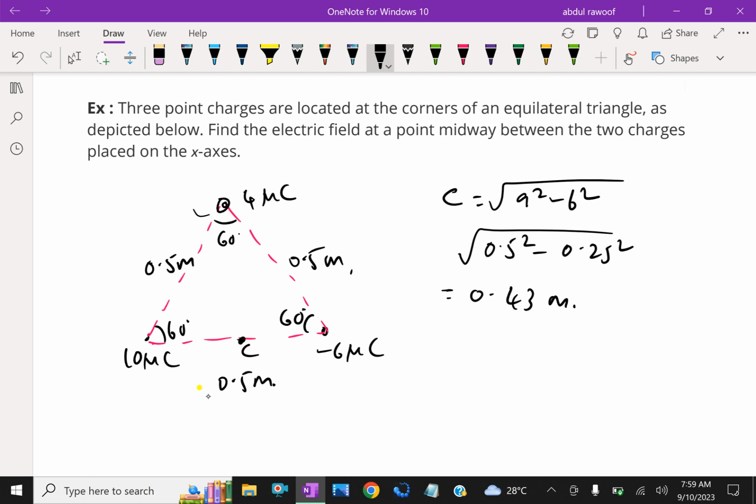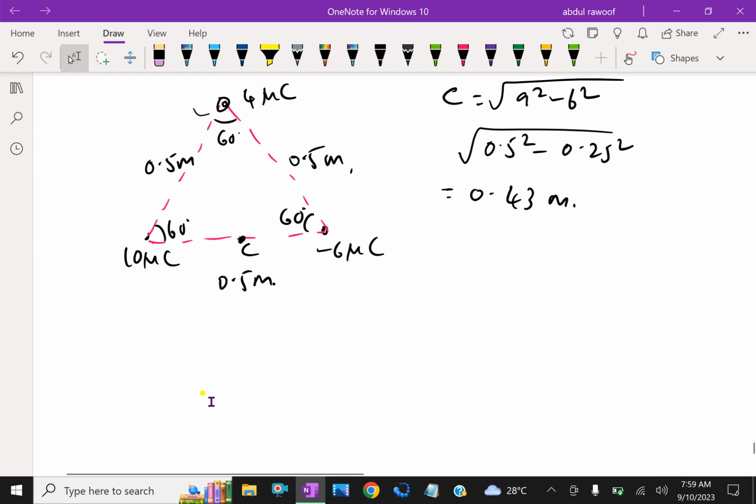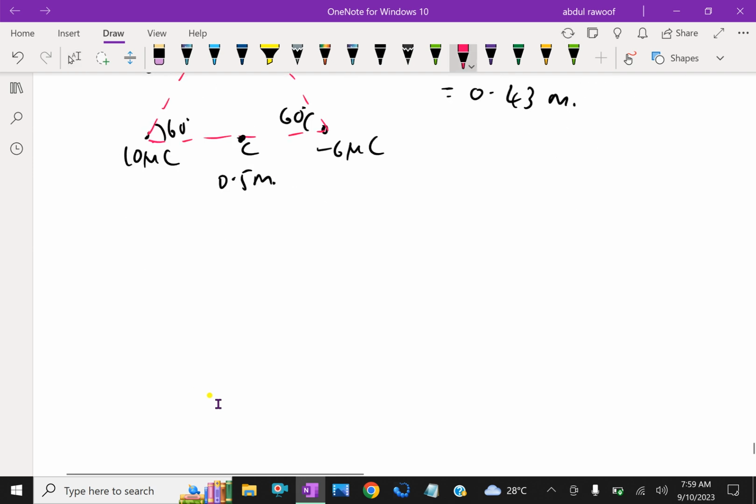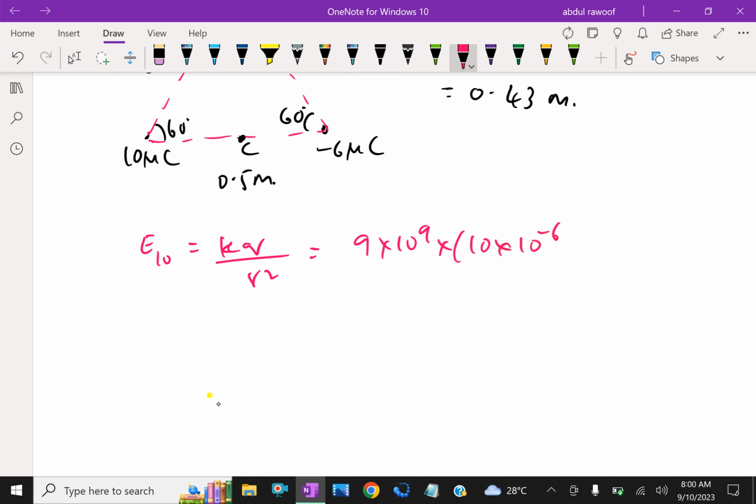Now the electric field due to the charge 10 microcoulomb at a point P. Now look at here, E10, the electric field due to the 10 microcoulomb charge, equals K Q over R squared, equal to 9 into 10 power 9 into 10 into 10 power minus 6, because of microcoulomb, over the distance.